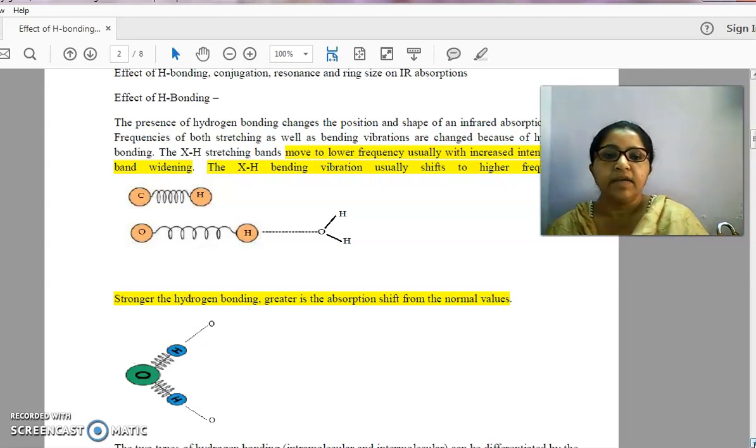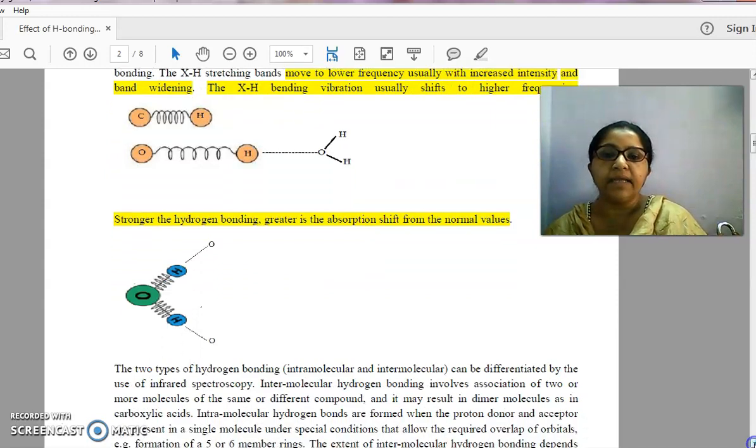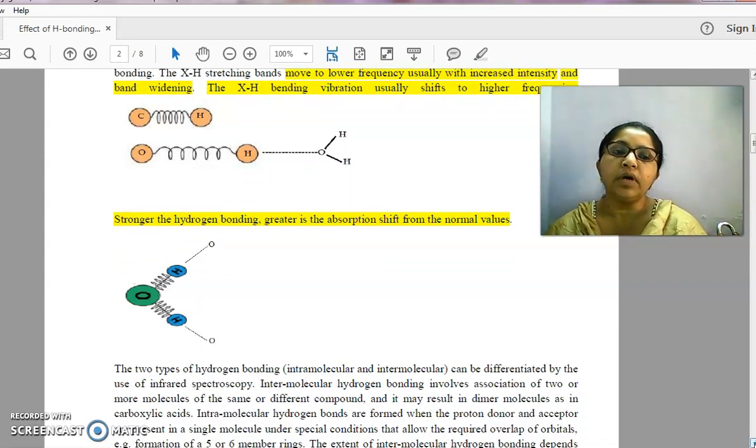Further, if you think about the bending vibrations, if two bonds are being stretched and tied up with some other thing, it becomes very difficult to bend. You can take a simple day-to-day life example. Supposing you have two flexible pencils, and you have tied them to some other point.